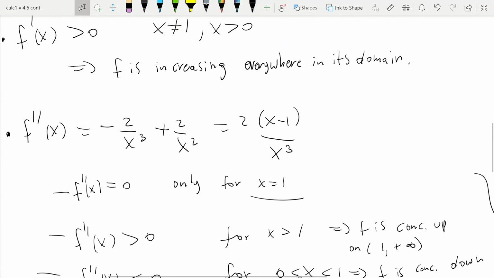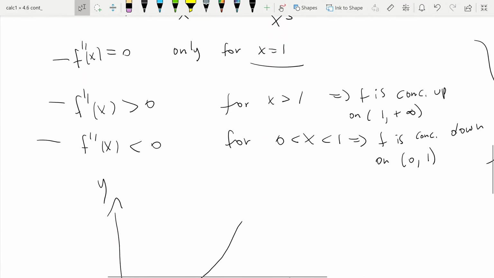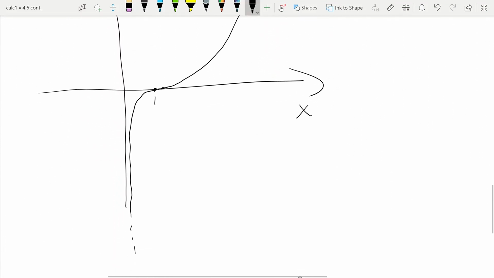It's a critical point, and is also an inflection point because f double prime is equal to 0 there, and it changes concavity. So between 0 and 1, the function is concave down, and from 1 to infinity, the function is concave up.